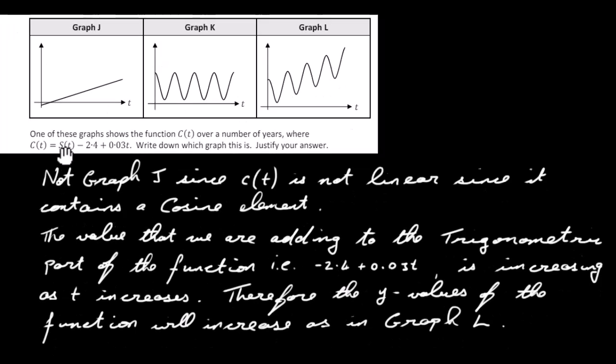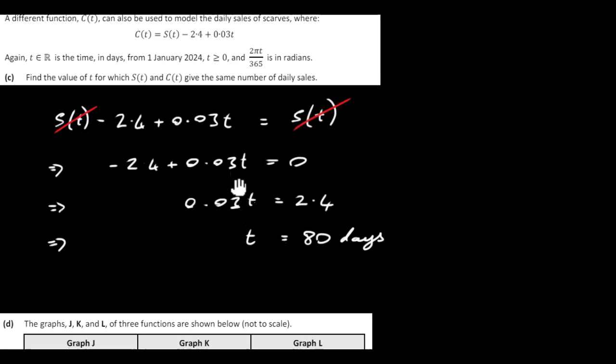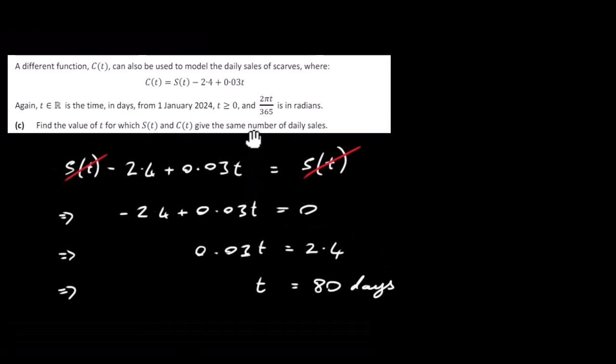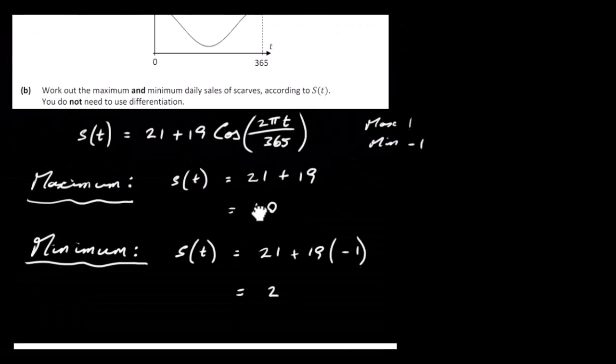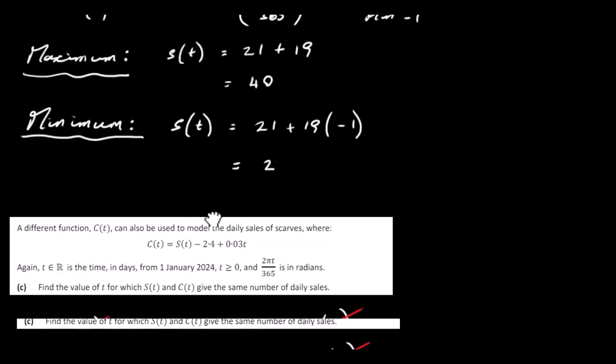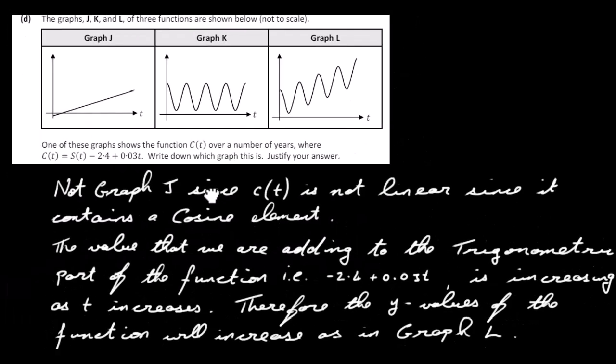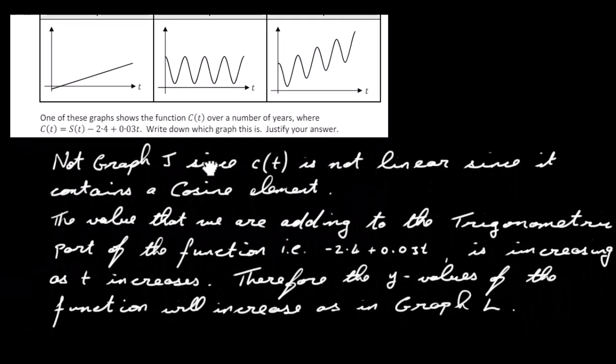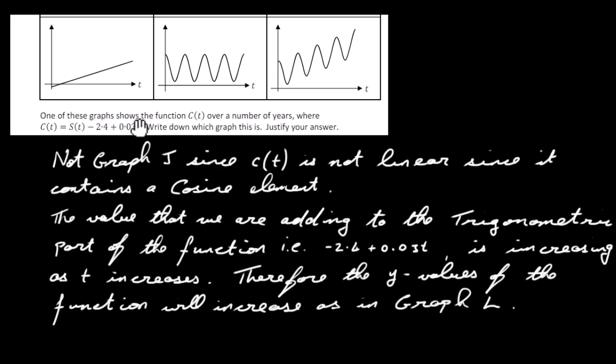So you've got S of t, which is our cosine function, or cosine part of the function. It contains a cosine element to it. And then what you're doing is you're adding this part here, minus 2.4 plus 0.03 t.